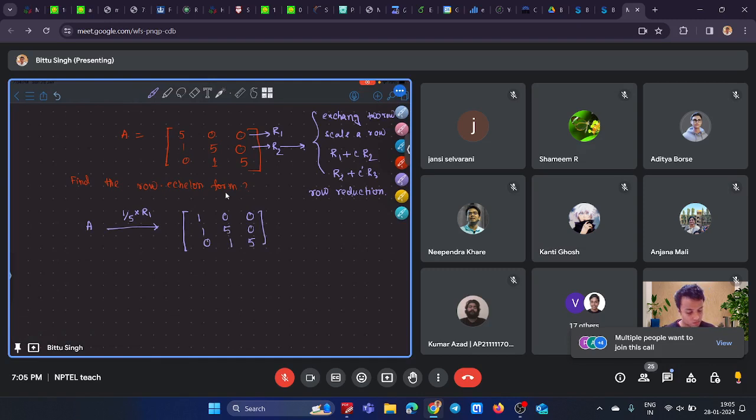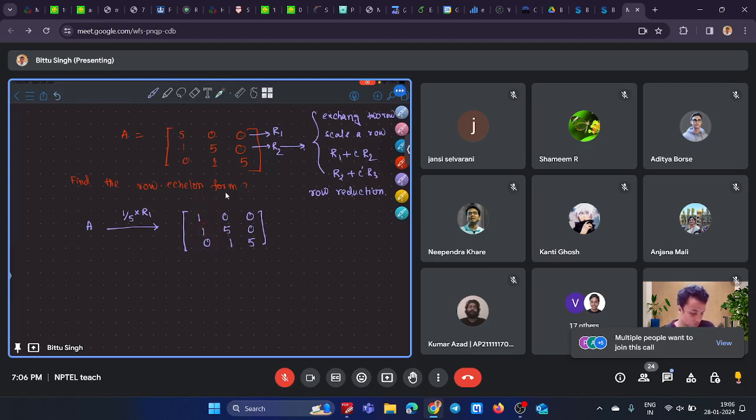Now, since the leading entry or pivot contains 1, the other rows cannot contain any non-zero element in this column. You can see that the second row contains a non-zero element in this column. So you have to remove this one.